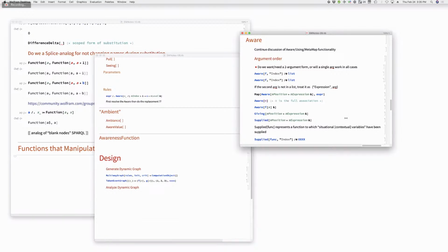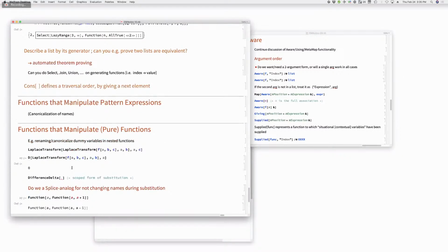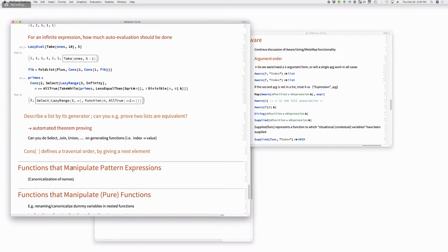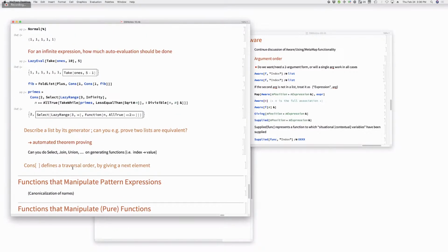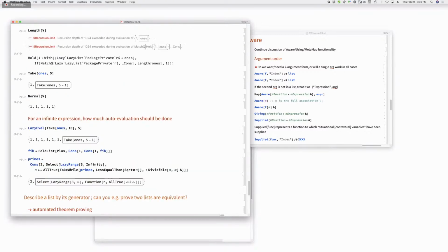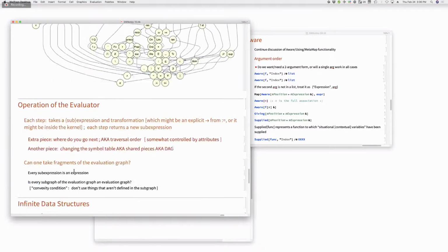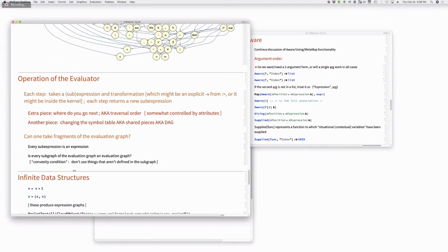Now, I think the bigger picture here, and maybe if Nick is here, he might have something to say about this, is the representation of evaluation. What we have mostly concentrated on in our language is you have an input, you compute, you get an output.